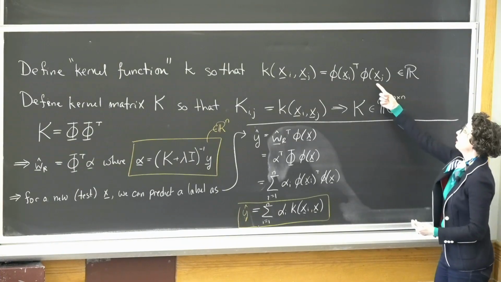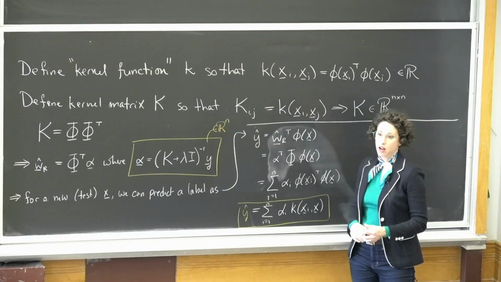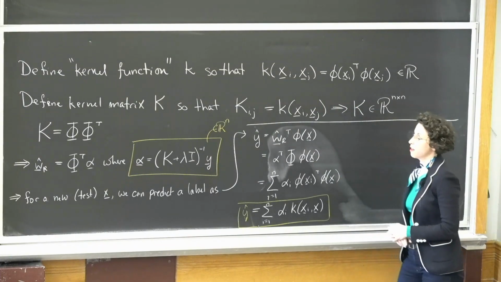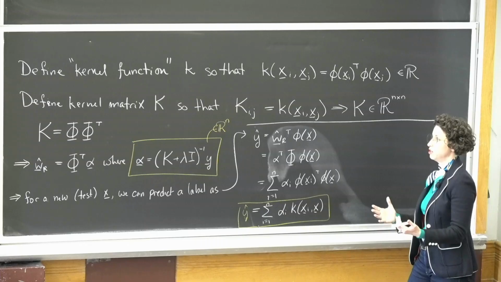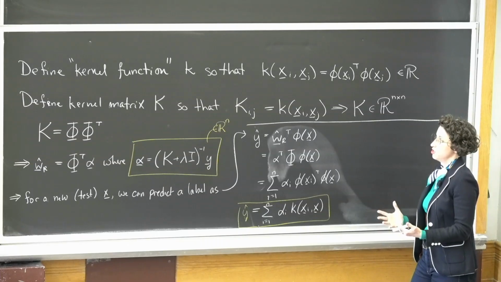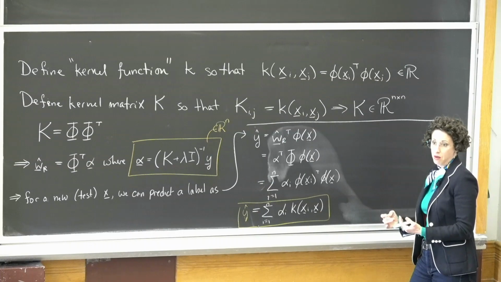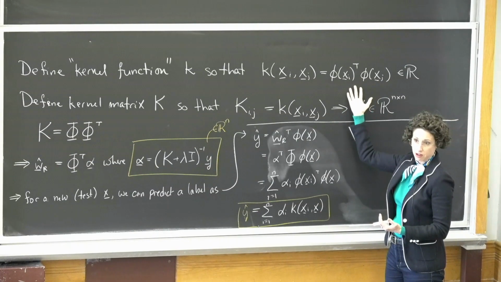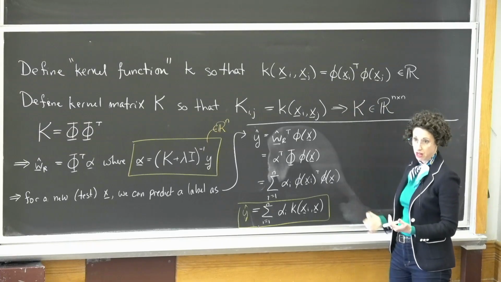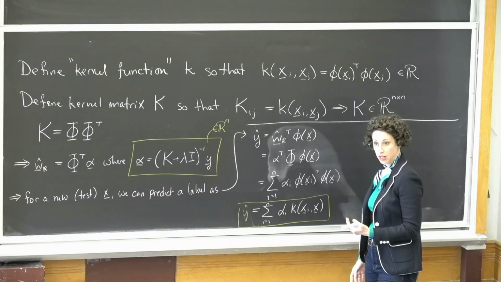So it's not that for any phi function there's going to be a kernel function. And so there's really some beautiful theory associated with this: what's the space of possible functions that we're thinking about here, what makes a valid kernel, where the kernel function will have, for some phi, this sort of inner product perspective underlying it. And it's beyond the scope of what we'll cover in this class.